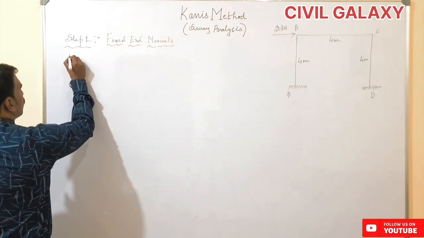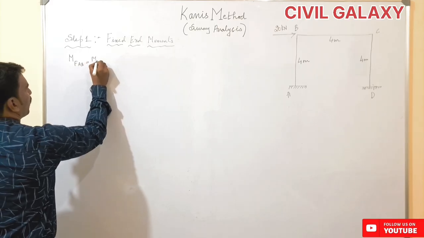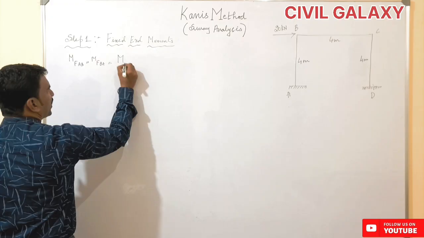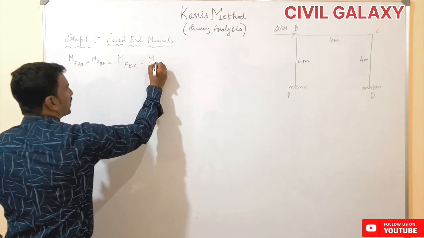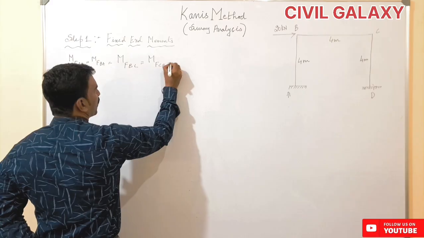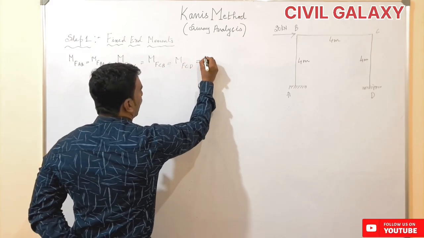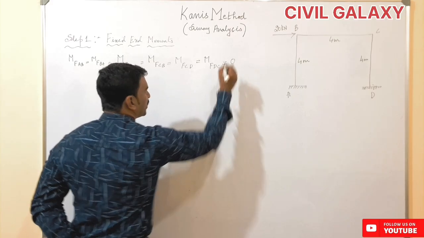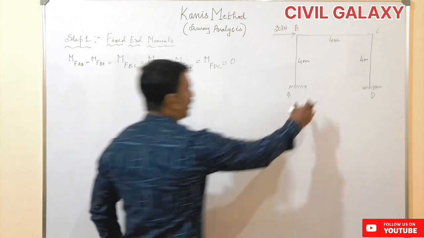So the fixed moment from A to B, from B to A, from B to C, from C to B, from C to D, and from D to C will be equal to 0, since there is no loading on the frame over here.